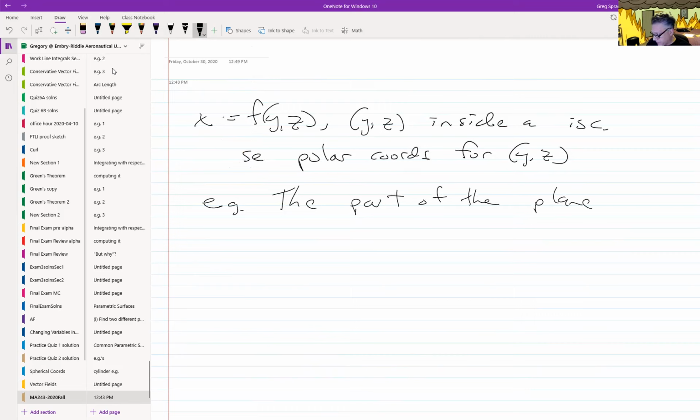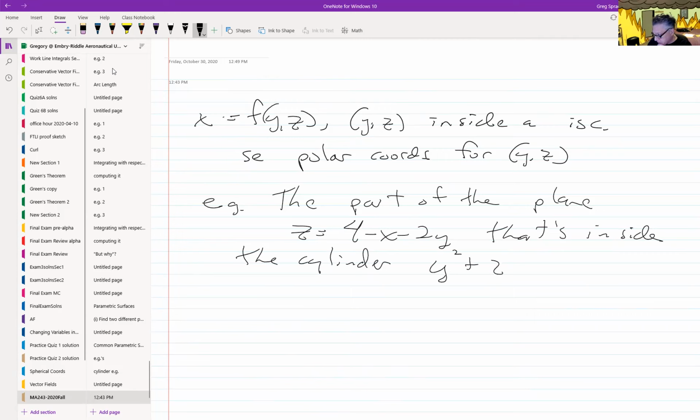So here's an example. The part of the plane z equals 4 minus x minus 2y that's inside the cylinder y squared plus z squared equals 4.